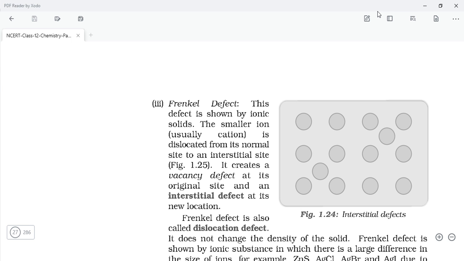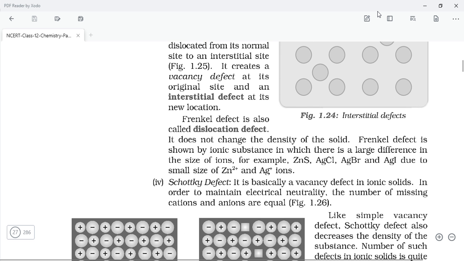Frenkel defect is also called dislocation defect. It does not change the density of the solid because there is no mass loss or volume loss.